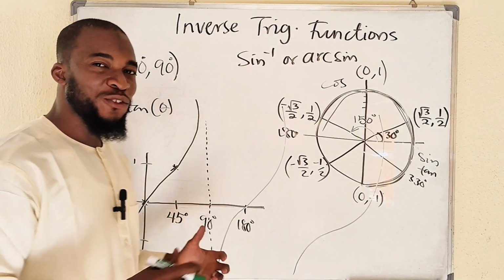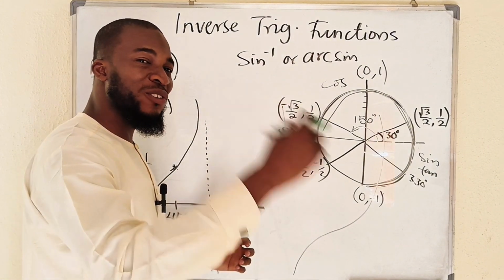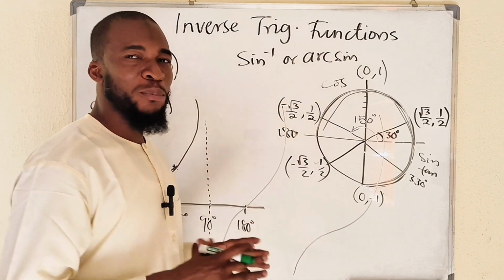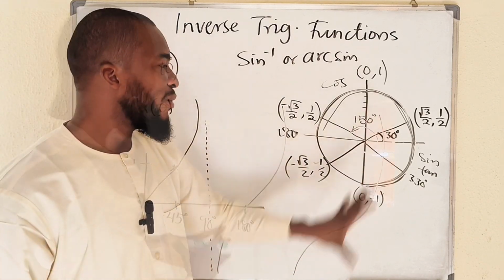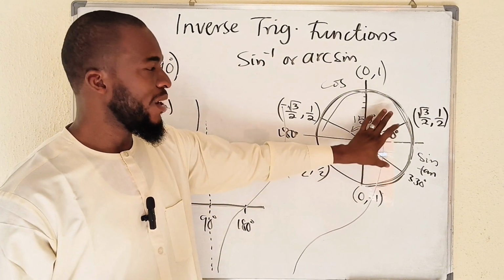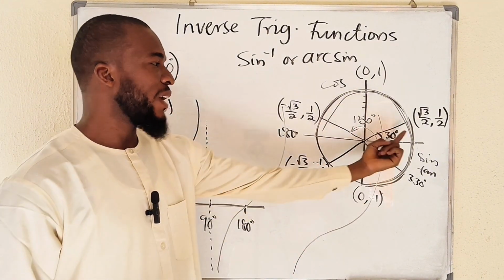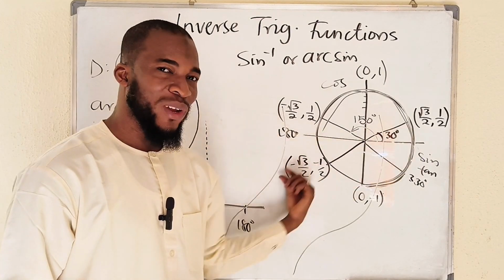So I only wanted to show you where inverse trig functions return values, and that's the main purpose of this tutorial. If you are looking for sine inverse, expect to have values within this quadrant. If it is for cosine, expect it to be from 0 to 180.